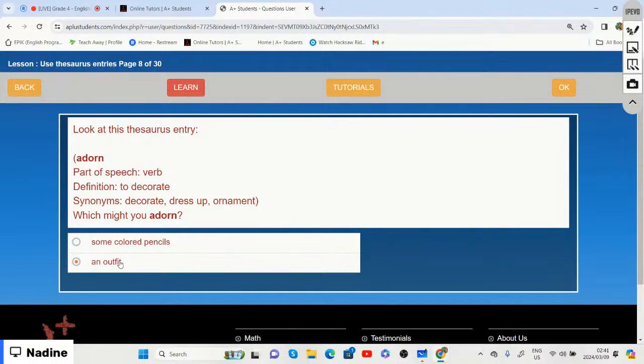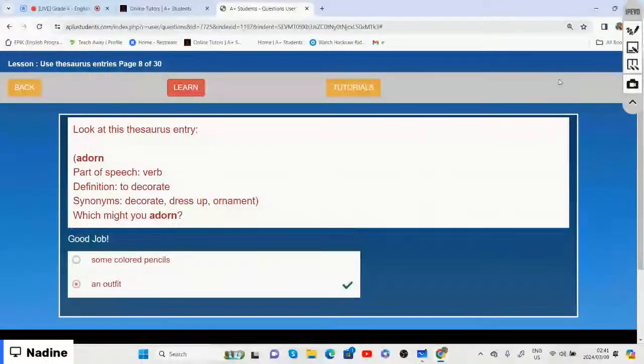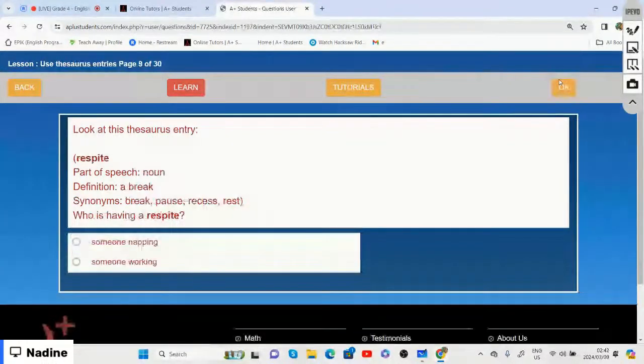Something that you can basically have for a long time, like clothes. All right, so well done. Adorn is basically outfits of clothing. So well done, everybody so far.